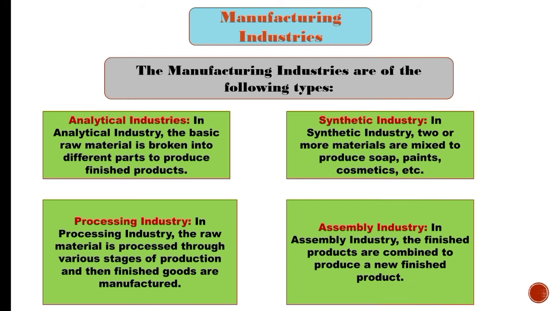That is, mouse is connected with computer, then keyboard is connected with computer, and after this the system works. So these were some types of manufacturing industries.